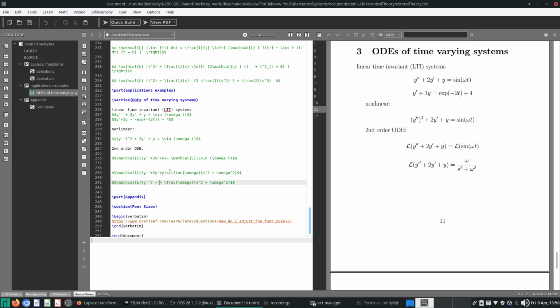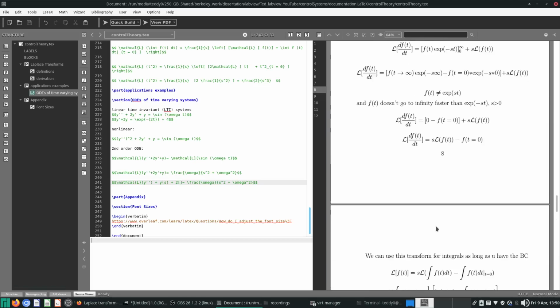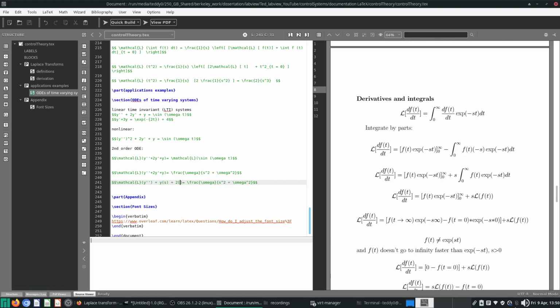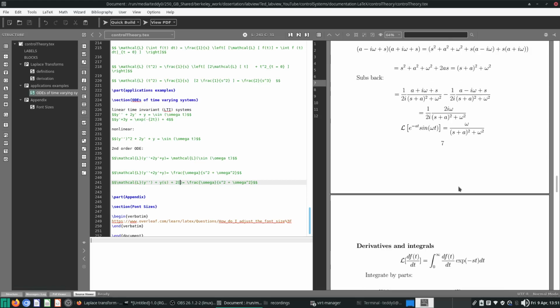We have Y of s plus 2 times the transform of the first derivative. Remember, we also derived how to do the Laplace transform of derivatives.